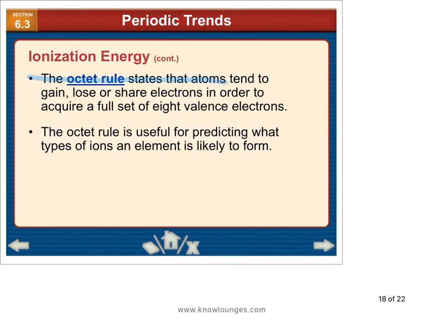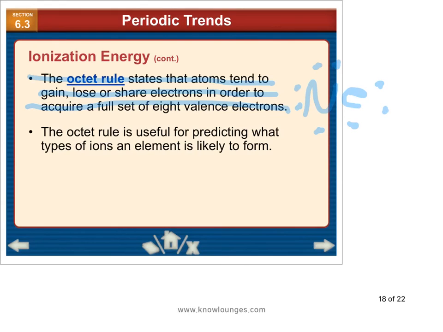And we have something we call the octet rule. The octet rule states that atoms tend to gain, lose, or share electrons in order to get a full set of 8 valence electrons. As we've been drawing electron dot structures, you get to a noble gas such as neon. It has 8 electrons around it, 8 valence electrons.